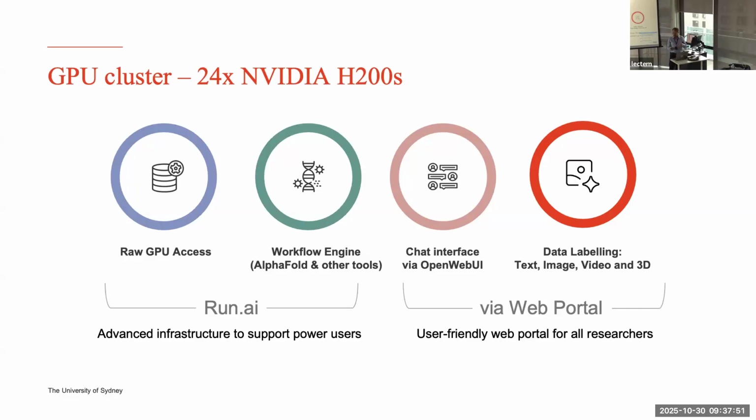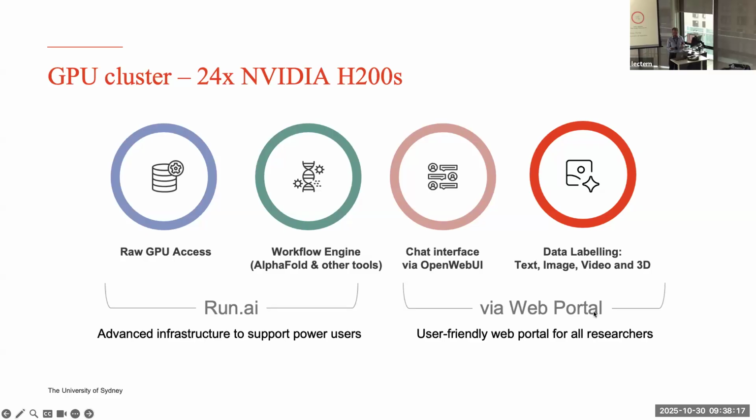The software stack is all provided by NVIDIA. So the user-facing part is called Run AI, and that's mostly what we'll be interacting with in the workshop today. Underneath Run AI is an orchestration service, which is engineered to get the maximum utilization out of data center grade GPUs.